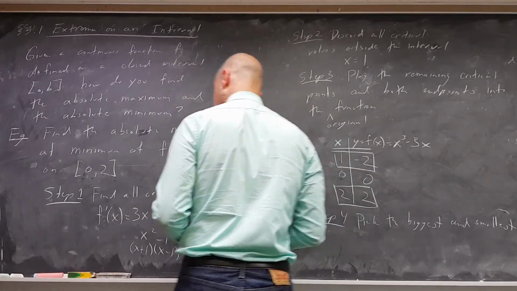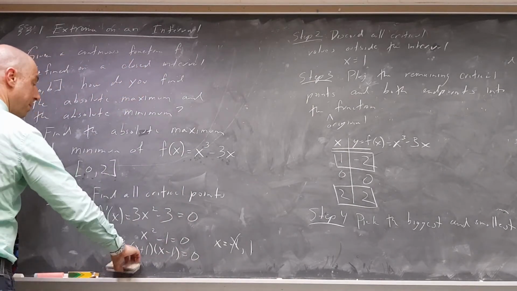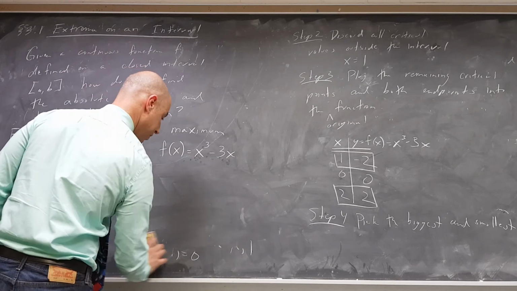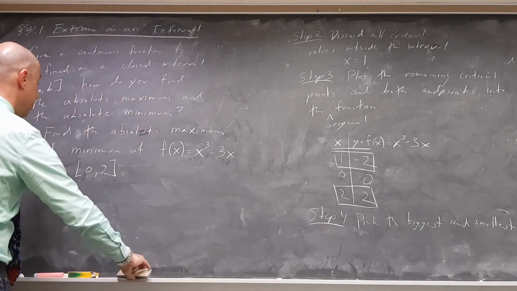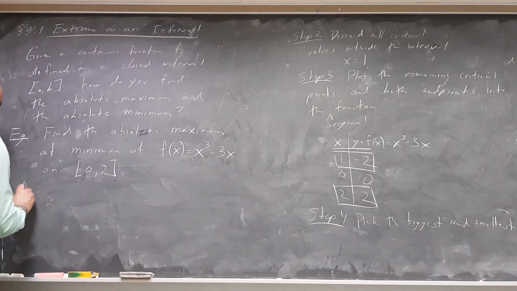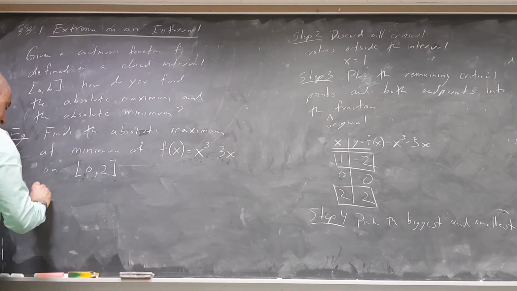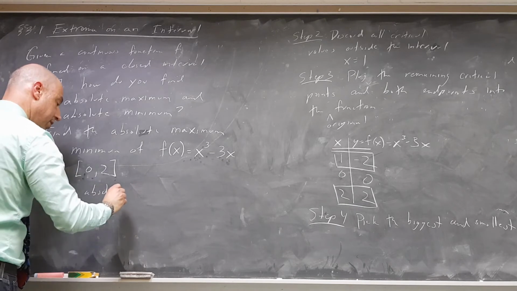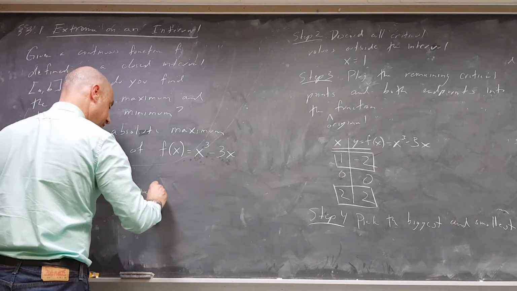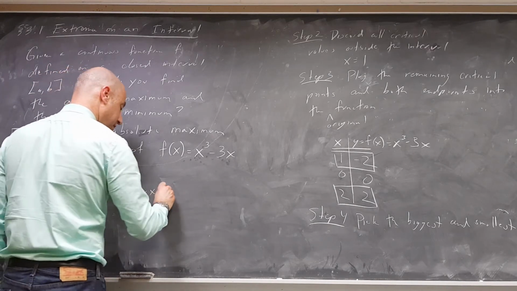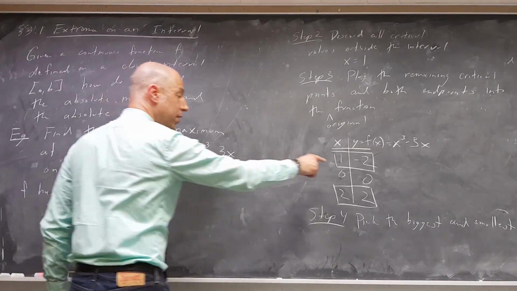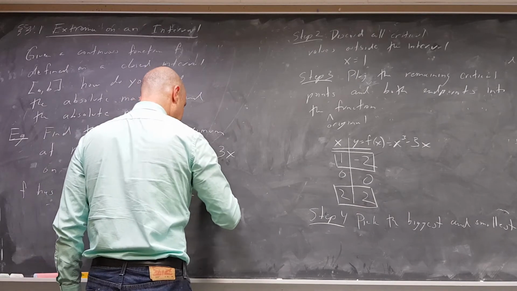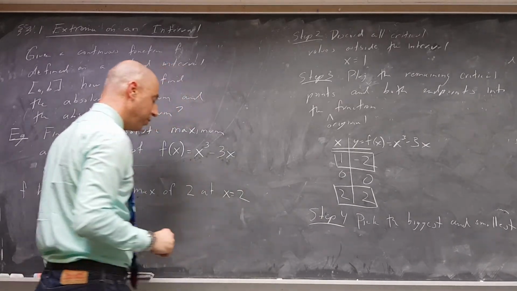Let's go ahead and write a concluding statement. So f has an absolute max, the highest y value, of 2 at x equals 2.